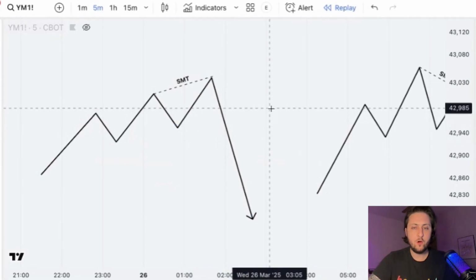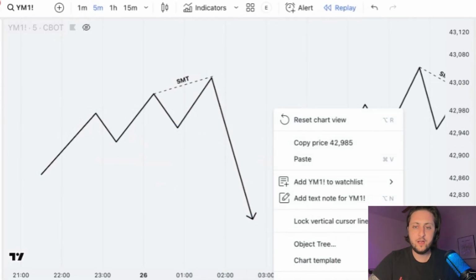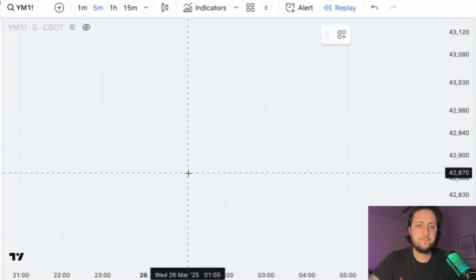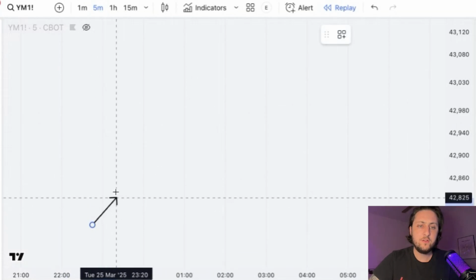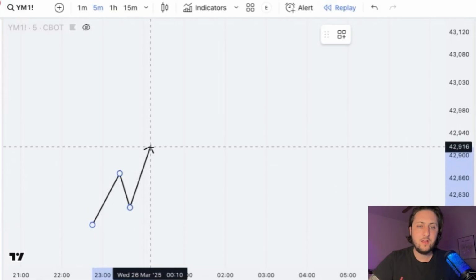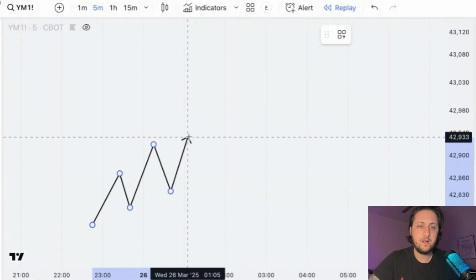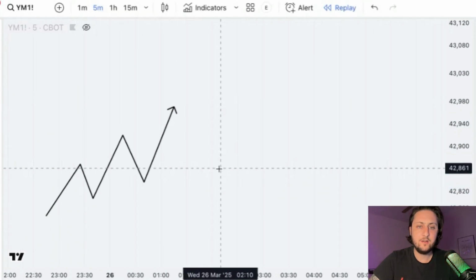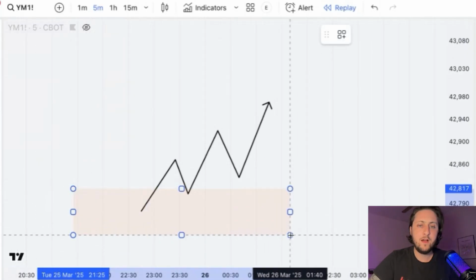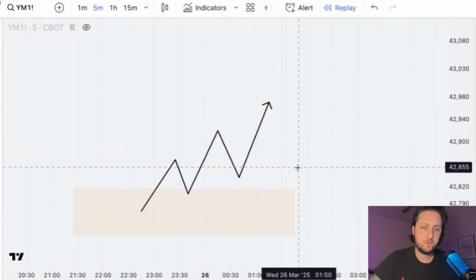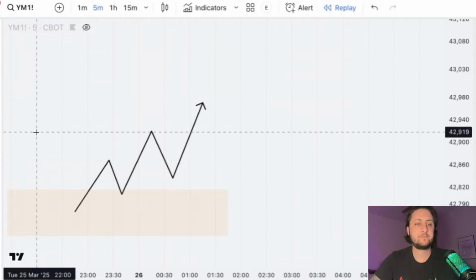Now we can go over the bullish scenario real quick, right? So let's do that. Let's say this is ES. ES is down at the lows, makes a higher low, higher high, higher low, higher high, right? So let's say this is ES price action, and let's say we tapped into some type of higher time frame PD array, like a bullish fair value gap, whatever it may be.